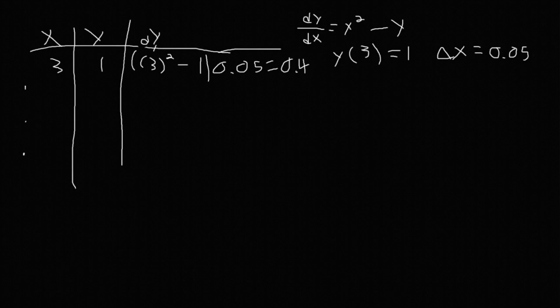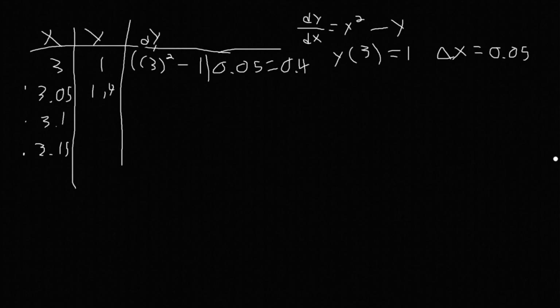And now we're going to increase our x by 0.05, so this is 3.05, 3.1, 3.15, and I'll just leave it right there. So we know how the x is going to increase. And now we add 1 and 0.4, so that's 1.4. That is going to be a point.